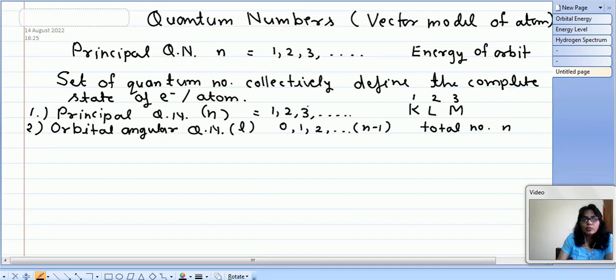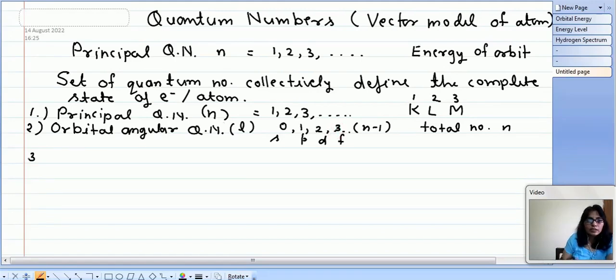If n is equal to 3, then the corresponding l values will be 0, 1, 2, and the total number is 1, 2, 3, which is equal to 3. So the total number of l is equal to n, and here the names are s subshell. These are subshells corresponding to the shell. l values denote subshells s, p, d and then f for 3.